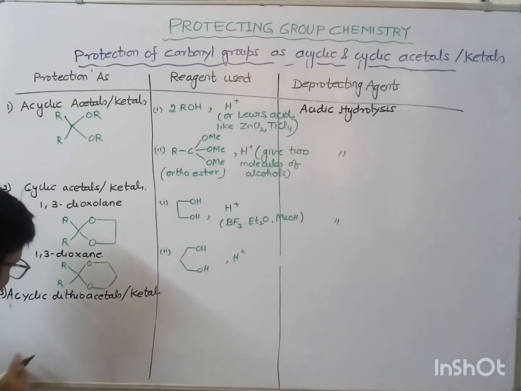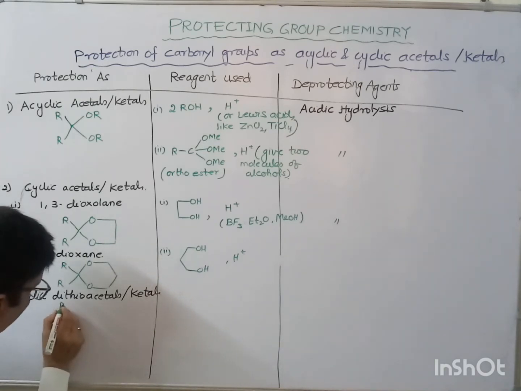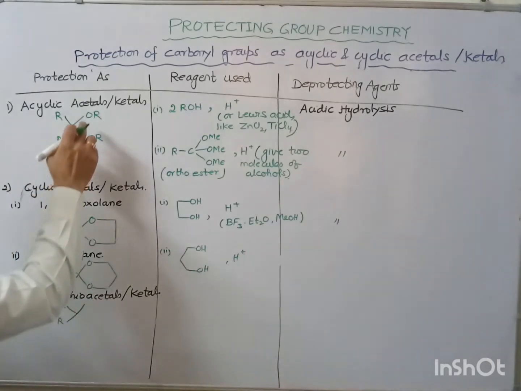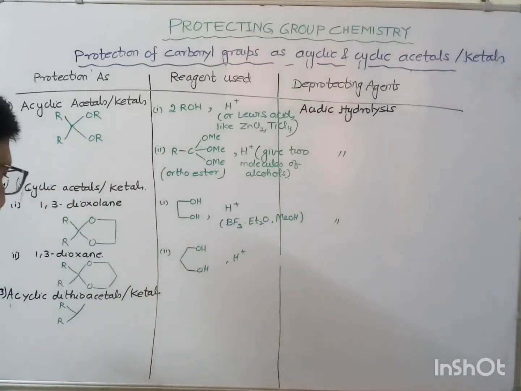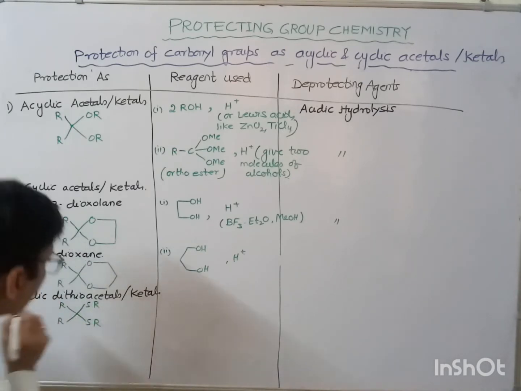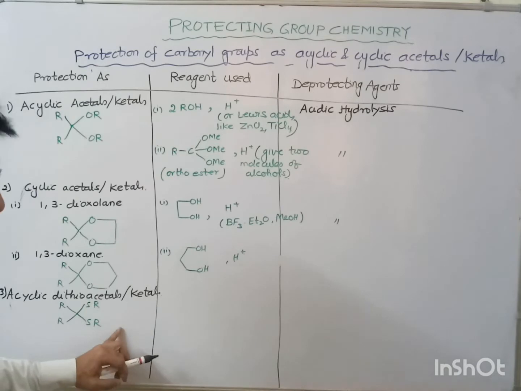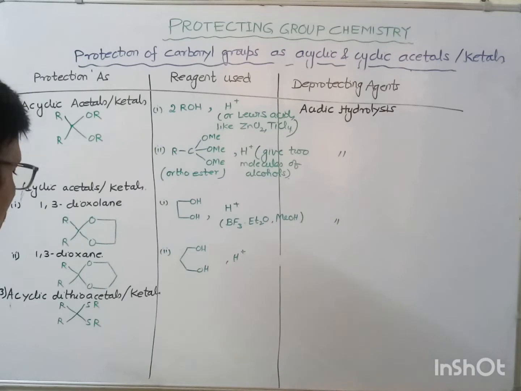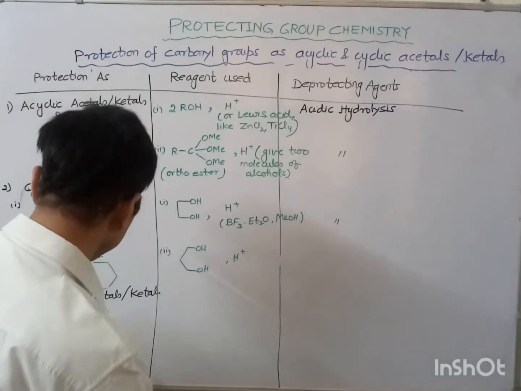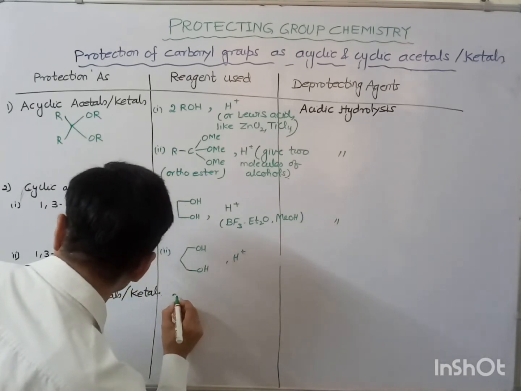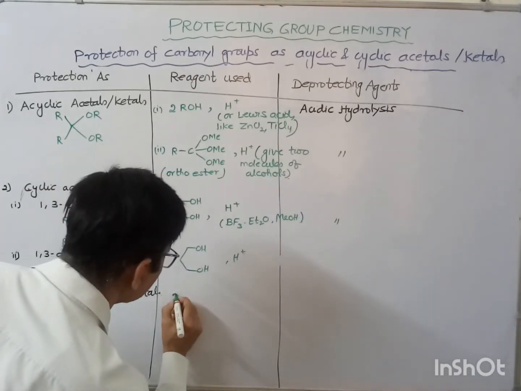If we have any carbonyl compound, that carbonyl compound can be converted into thioacetals. In thioacetals, in place of oxygen we take sulfur. So this is our dithioacetal, ketal. To get it, just in place of alcohol, we can take a thiol. If we take a thiol, then we can get thioacetals.